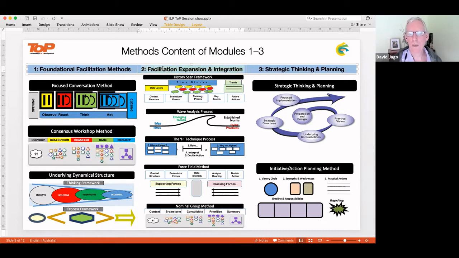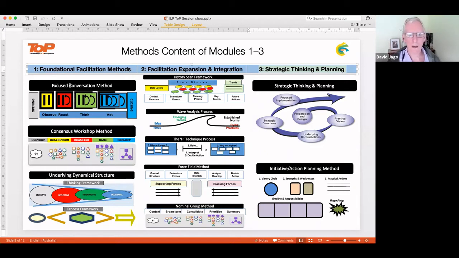Module 2 expands those and integrates them into tools or frameworks that people already know or may know, and gives them the basis for continuing to do that for themselves in different ways. So it expands and integrates that original material, and then starts to apply it in Module 3 to strategic thinking and planning. So, diving deeper.